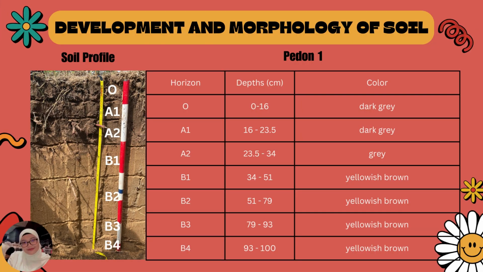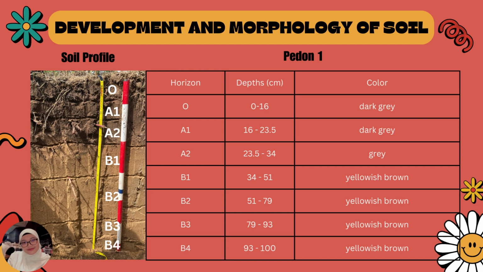Development and morphology of soil. Pedon 1 at Madicerating has 7 horizons. Firstly, O, organic horizon, depth 0 to 16 cm, the color dark grey. A refers to topsoil. A1 16 to 23.5 cm, the color dark grey. A2 23.5 until 34 cm, the color grey.